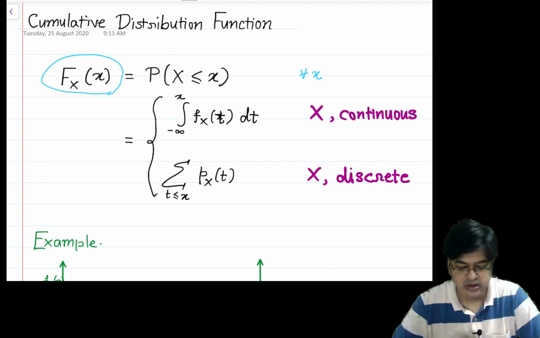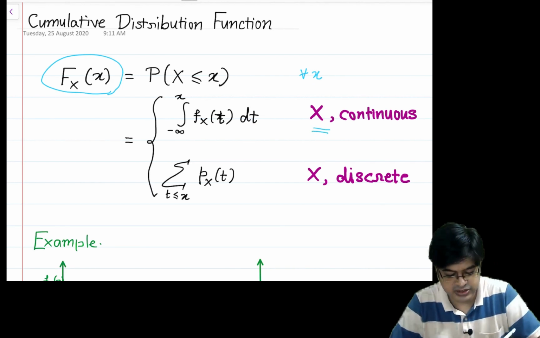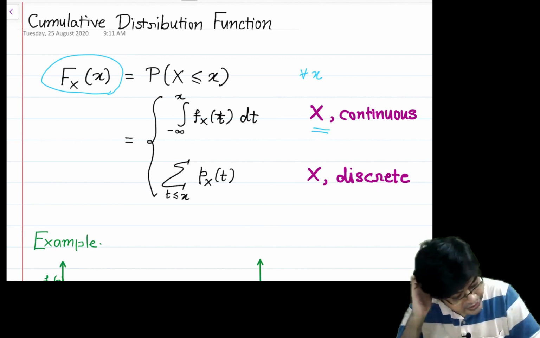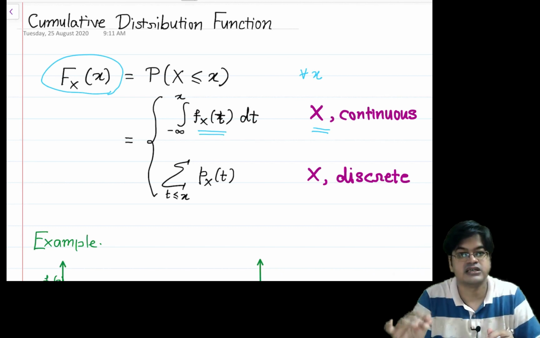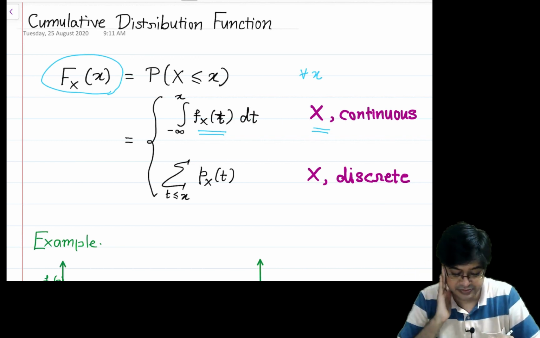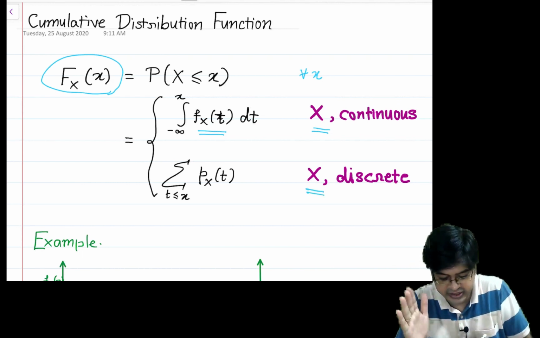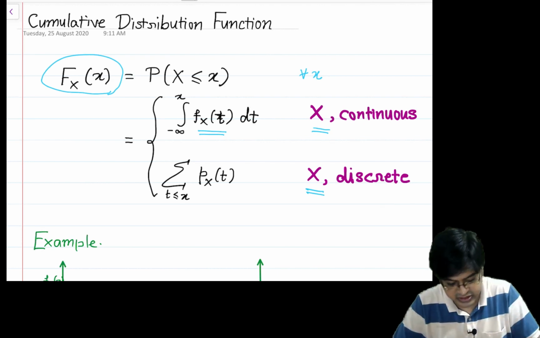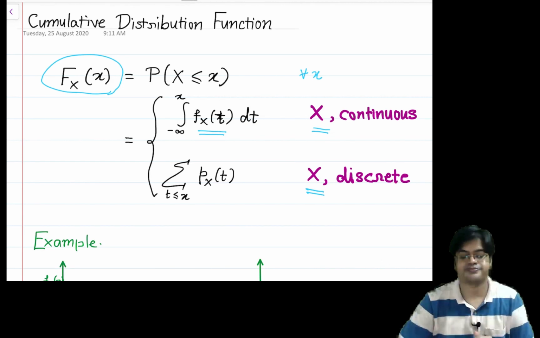When the random variable is continuous, we have seen that it will be given by the integral from minus infinity to x of f_X(t) dt, where small f_X is the probability density function of the random variable X. If the random variable is discrete, then instead of the integral I will put a summation, and p_X(t) takes care of f_X(t) dt.